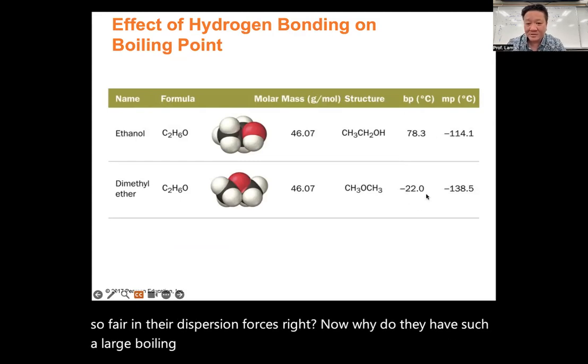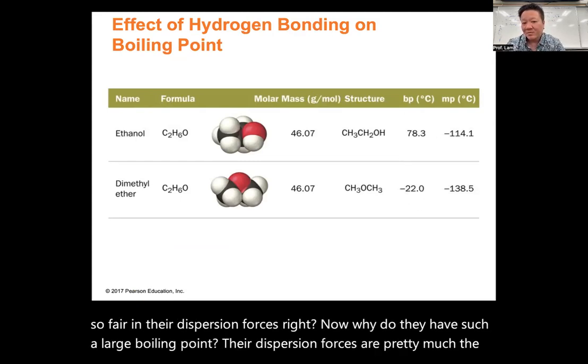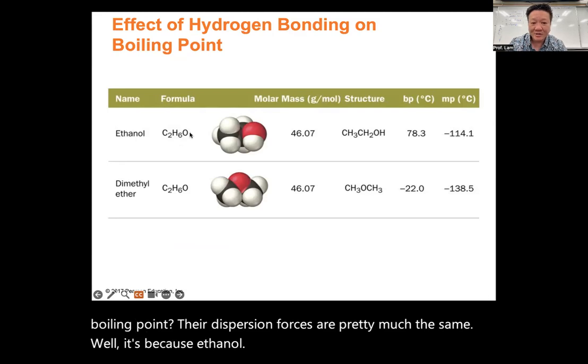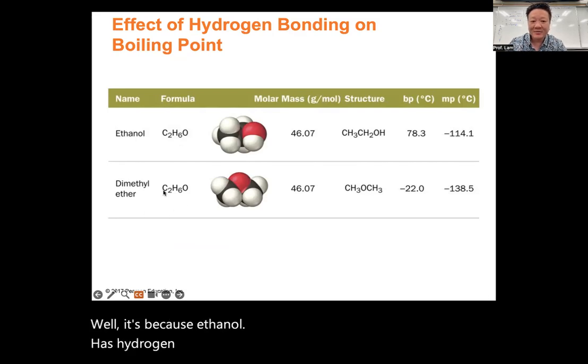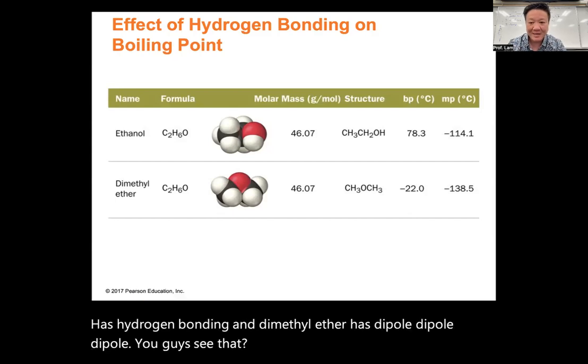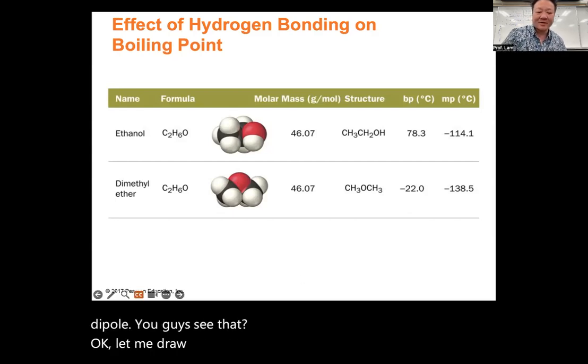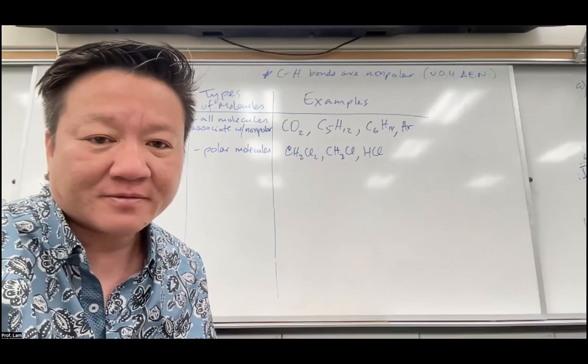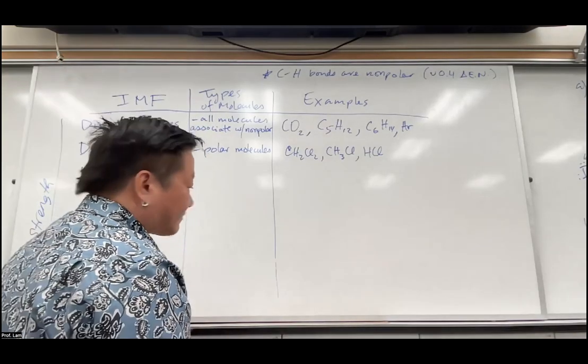Well, it's because ethanol has hydrogen bonding and dimethyl ether has dipole-dipole. You guys see that? Let me draw it so that you can see it better. The space filling is a little hard to see, so let's draw the Lewis structure in 3D.